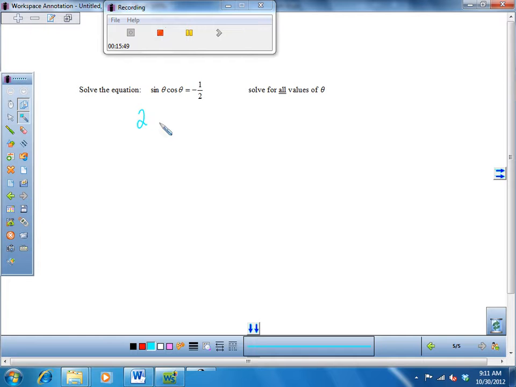I get 2 sine theta cosine theta equals sine of 2 theta. Ah, very good, Reed. What Reed recognized is that this thing here is equal to sine of 2 theta.